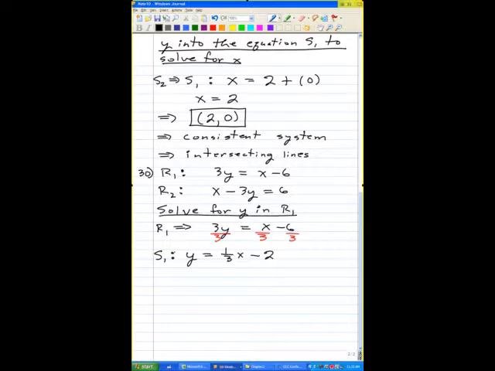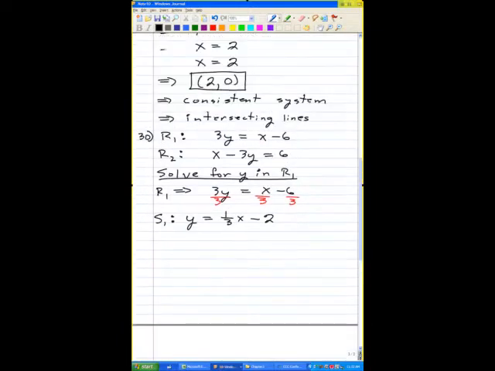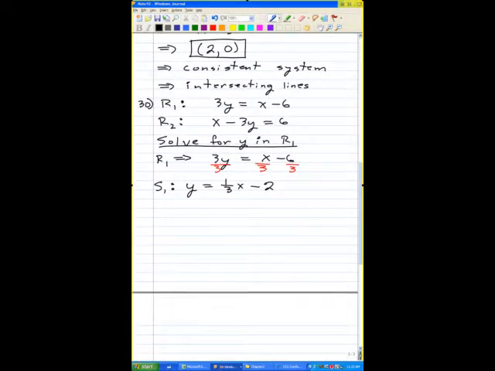Okay. Now let's substitute S1 for y into R2 because we used R1. And so I'll do S1 and I'll go into R2.